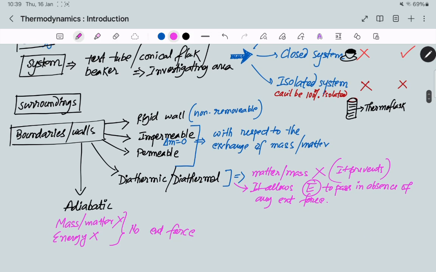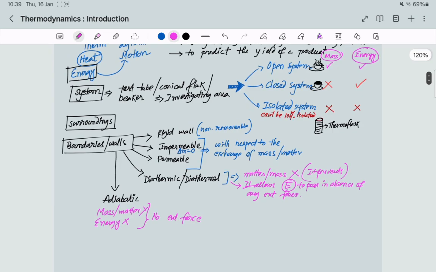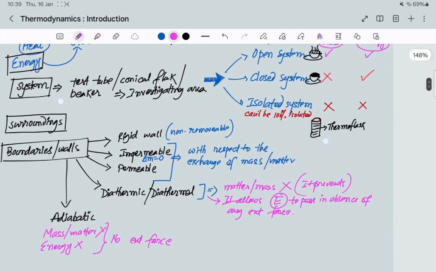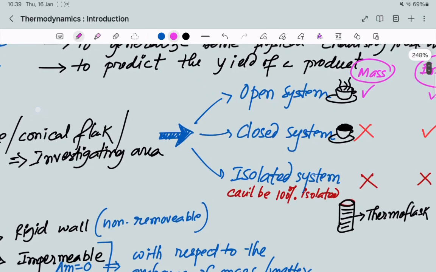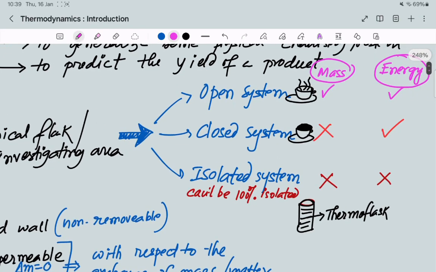So if we interlink these two topics, that means system and types of system and different types of boundaries or walls. So at first tell me, for an open system, which type of walls should be there? One is rigid, of course, rigid is possible.